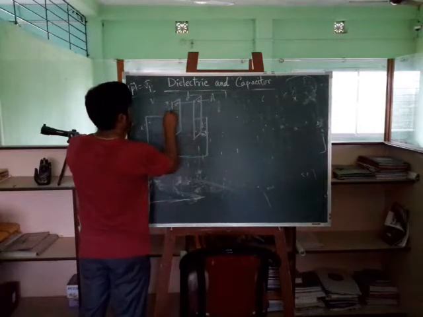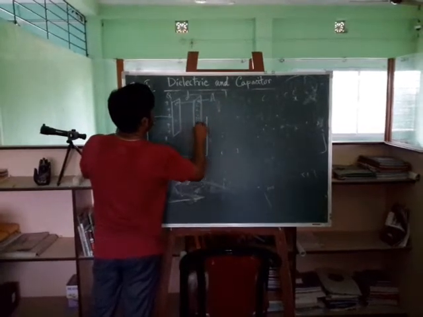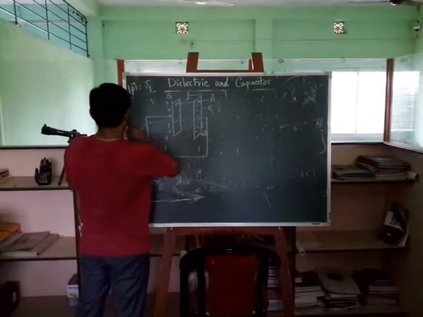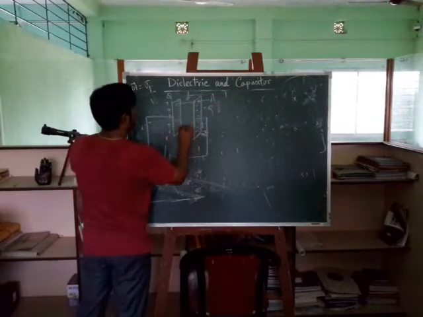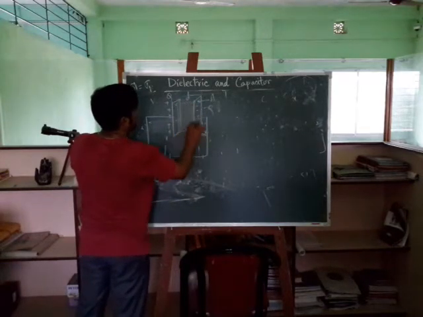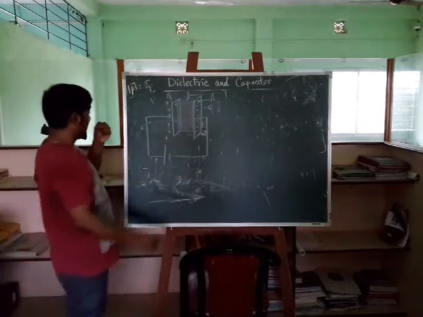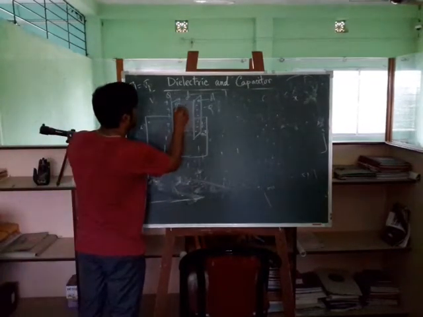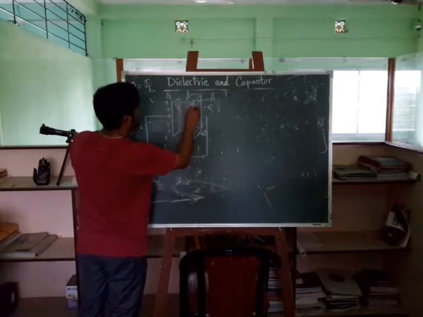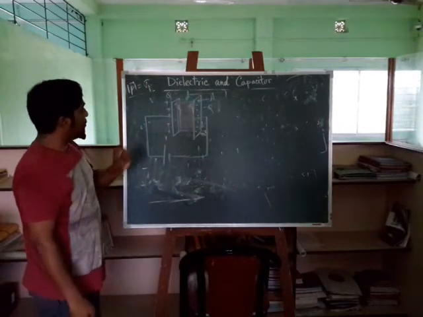Okay, and this is our positive plate having charge plus Q. This is having charge minus Q, and this is filled with a dielectric material. So we know that there will be bound charge or charge due to polarization. Here we will be having minus QP, and here we will be having plus QP. What is this QP? Okay, that we want to find out.